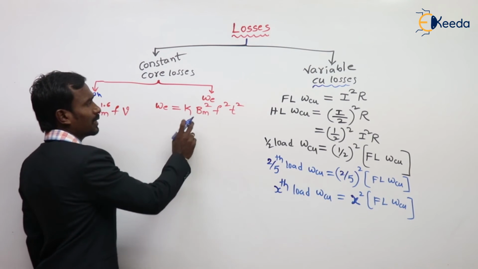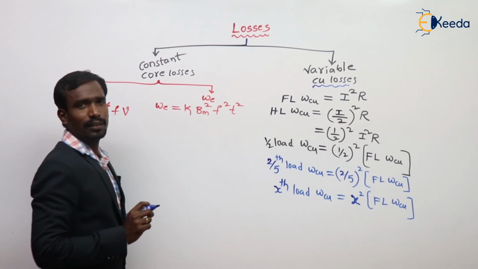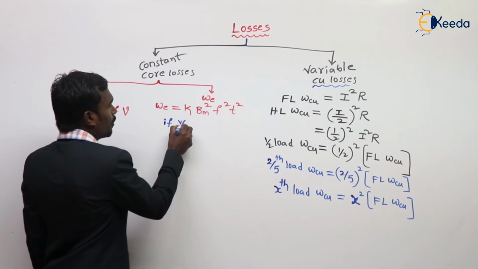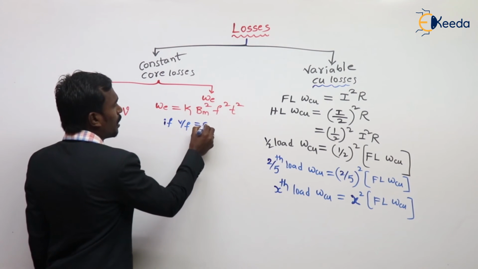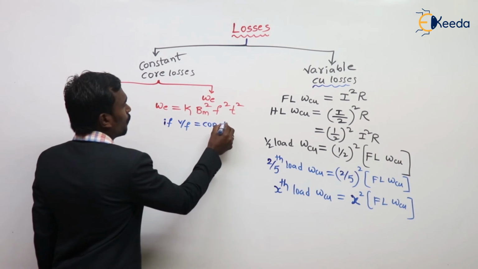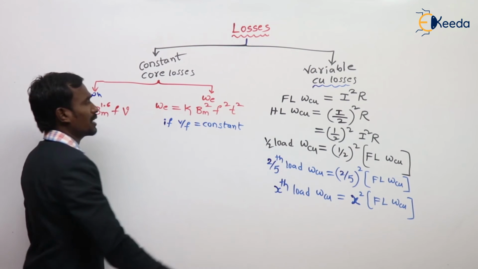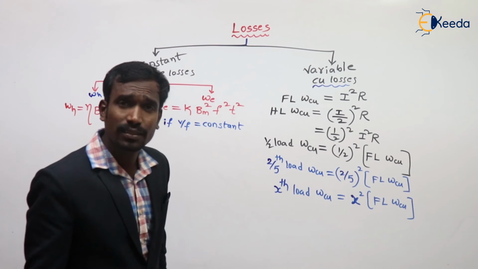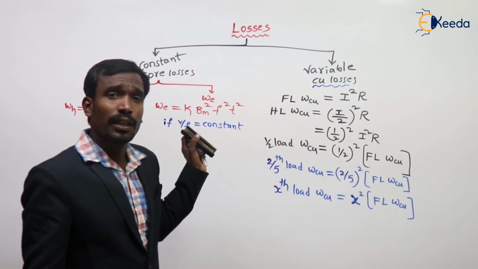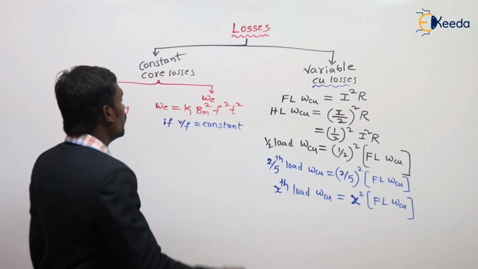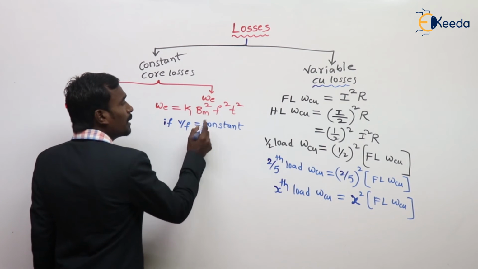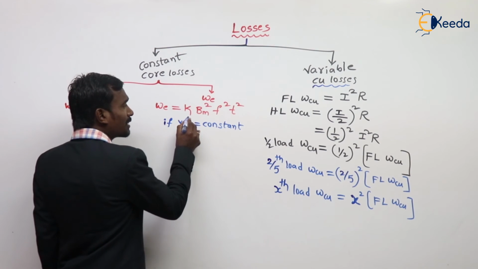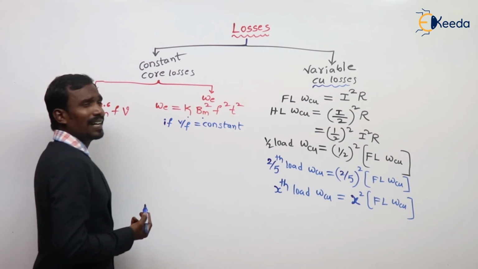In eddy current losses, for example, my assumption, if the V by F ratio is constant, tell me, sir, what happened if V by F is constant? We discussed earlier in the EMF equation: V by F constant is nothing but B maximum also constant. K is already constant, now B maximum is also constant.